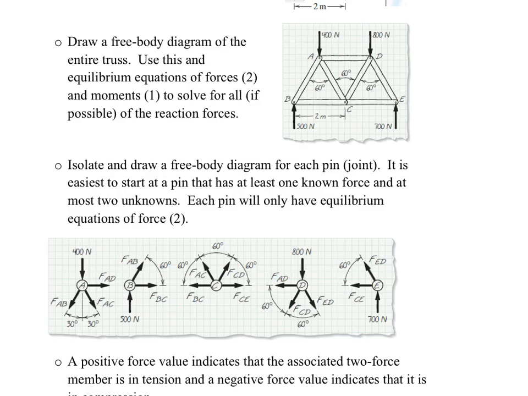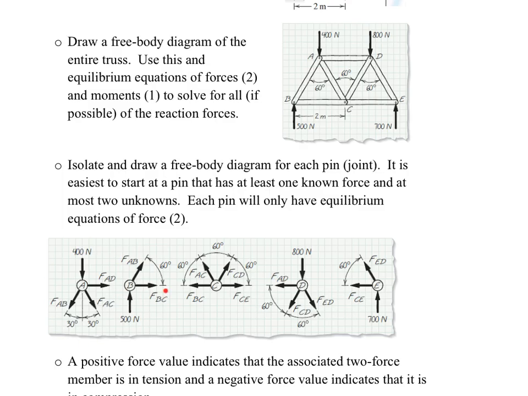From node A, we have 3 members: member AB, member AC, and member AD. These 3 members are all drawn as forces from that node. This is the force acting on member AB, the force acting on member AC, and the force acting on member AD. This angle of 30 on each side comes from the fact that we have vertical symmetry here, so we know it's 30 degrees on each piece.